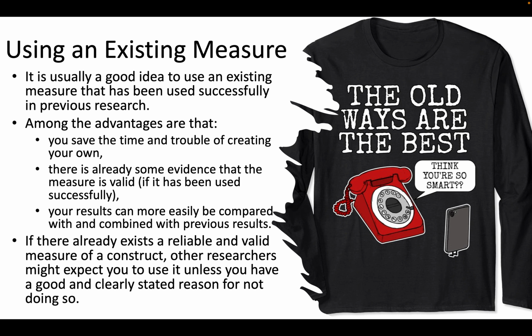Now the other thing has to do with your IRB. You got to get all this stuff approved. So if you're creating your own measurement, then you have to prove to the IRB that it actually measures what it says it measures. But if you're using somebody else's measurement and it has been used on the same group that you're using it on, and it has been used in other psychological research, then there's no reason why they could reject it.